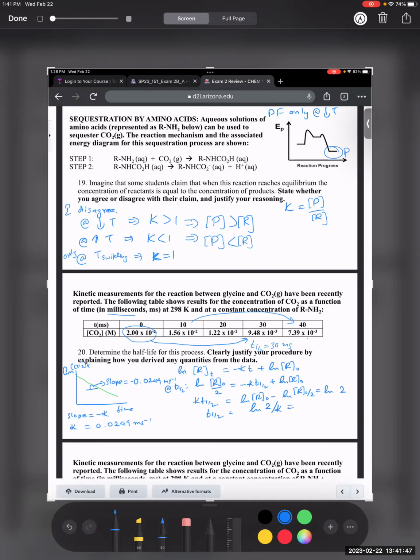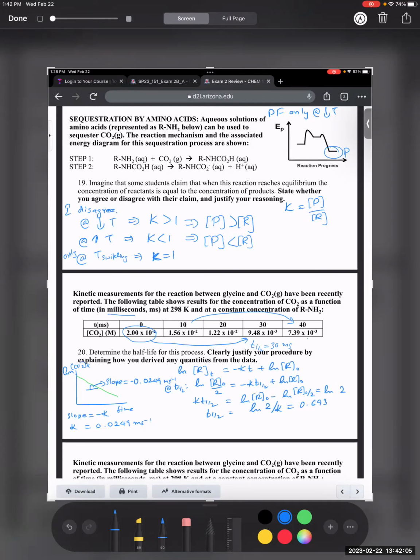And then natural log of 2 is, I think, 0.69. Let me see. All right, natural log of 2 is 0.693.